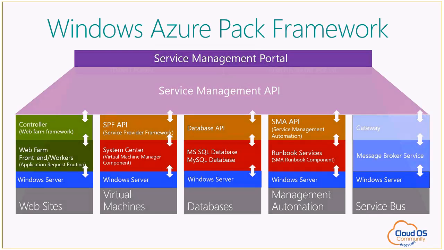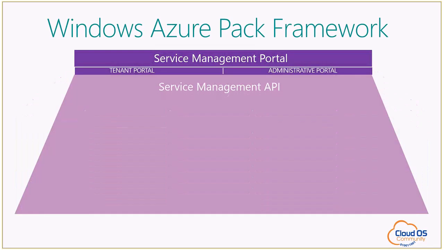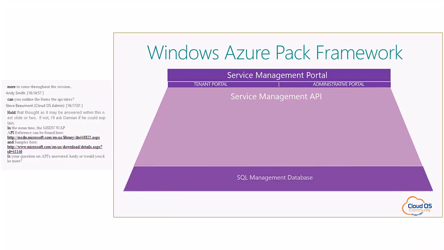Okay, so let's take a closer look at the framework itself, because now we've got a good idea of how the framework looks. We've looked at some of the providers that plug into the framework, but we haven't actually looked at the framework. And if you've read any of the very first things, the framework initially, when it came out, the rumor was you needed 7 machines to run the framework.